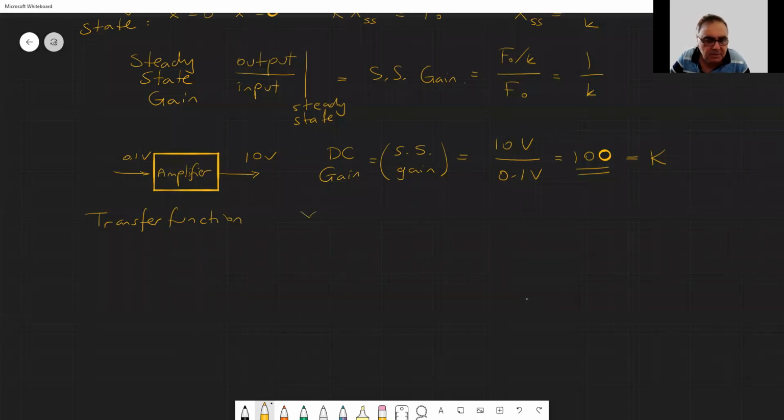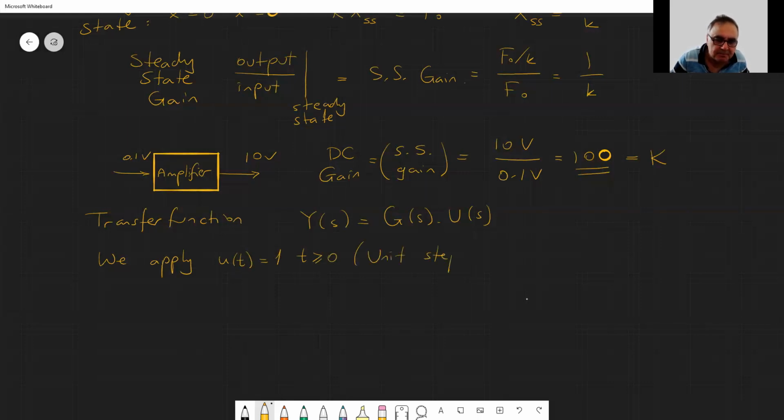Well, we know that y is g times u. Let's say that we apply a unit step input on our system, which means that u of s, as we know, is 1 over s.